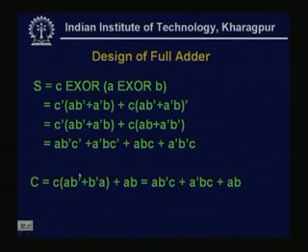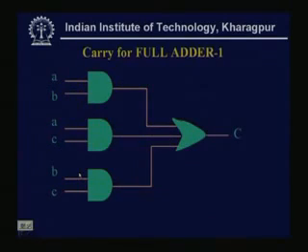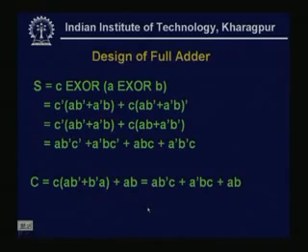Now there can be other realizations. Here there was no reduction possible from the Karnaugh map. Now we see what that sum circuit actually is.